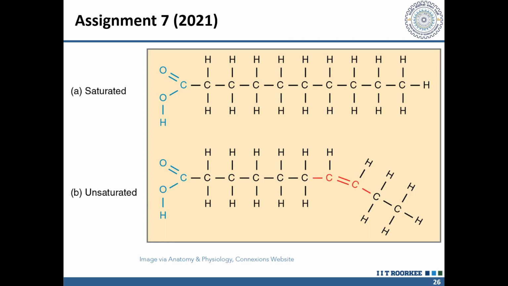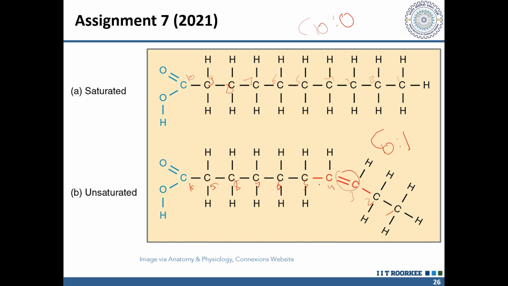And this is a typical fatty acid chain. If we look at this, how many carbons are there? 1, 2, 3, 4, 5, 6, 7, 8, 9, 10. So it can be represented with C10:0 because there are 0 double bonds and 10 carbons. On the other hand, this has 1, 2, 3, 4, 5, 6, 7, 8, 9, 10, so this will represent C10:1 because it has one double bond.